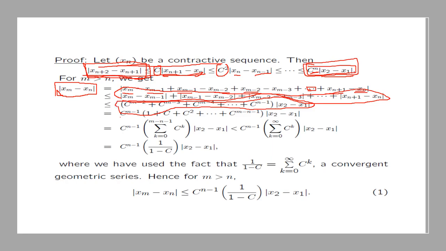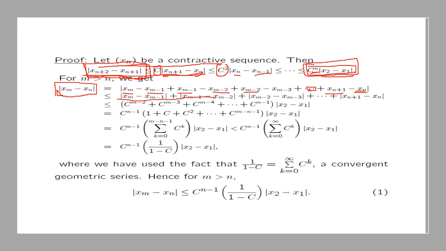Let me clear it first. So we end up with this sum here being less or equal to this sum here, where we are using the fact that the distance between xn plus 2 and xn plus 1 is less or equal to c to the power n times the distance between x2 and x1.